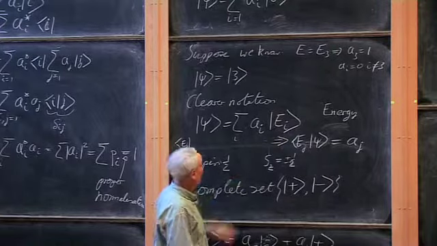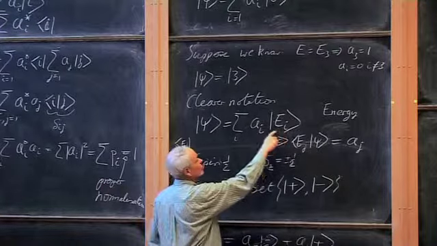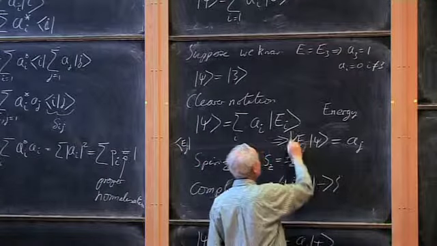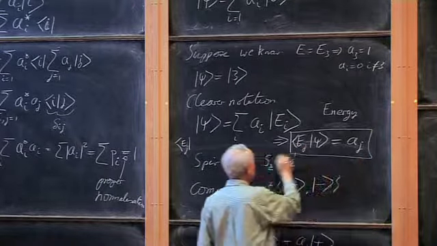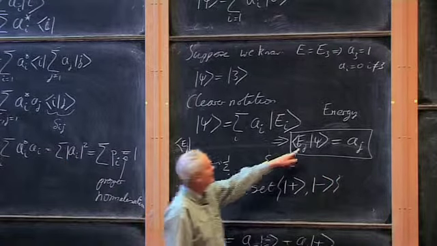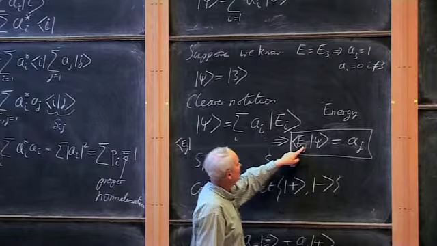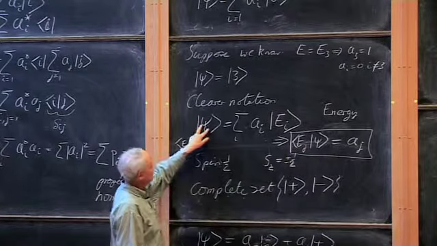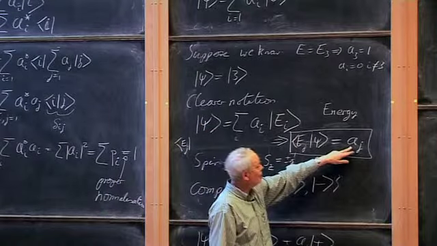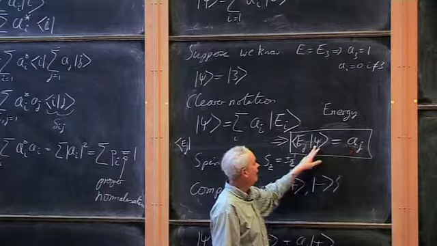So when I get a delta Ij, when I do the sum over I, all that survives is Aj. Now this is an obvious equation, but it's fabulously important, and it tells us really why we're interested in these animals here, because given a state of my system, it enables me to recover the amplitude for measuring Ej out of the state of the system.